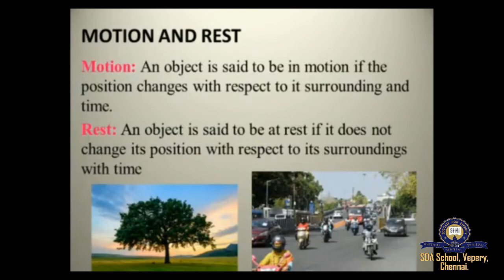It wasn't moving, right? Until and unless you move the book to keep your another notebook on the table, then you would say that the book is moving. So what is rest? An object is said to be at rest if it does not change its position. And what is motion? An object is said to be in motion if its position changes. Okay?